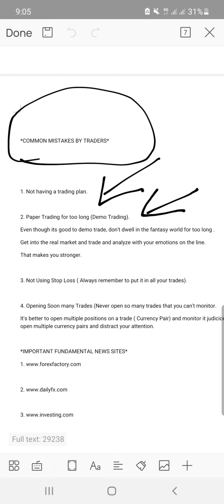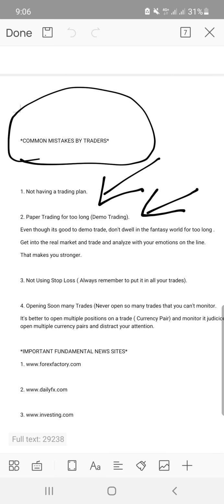So let's say you took 2 months or a month to learn how to trade. It's good that you use 1 or 2 extra months to practice on demo. After you are done mastering your strategy, then you can leave paper trading, which is demo trading, and focus on a real account. That's how you gain more experience.